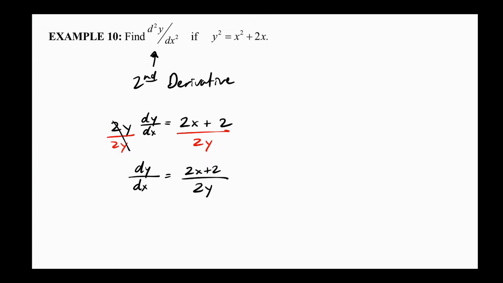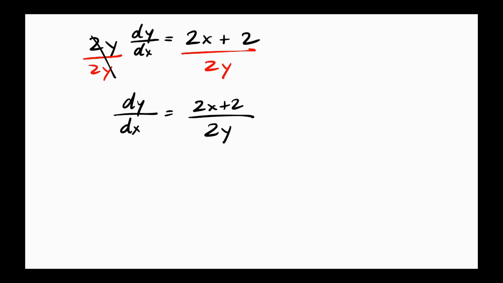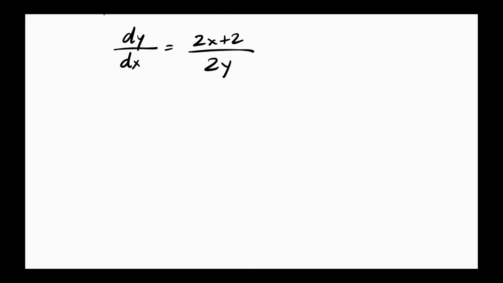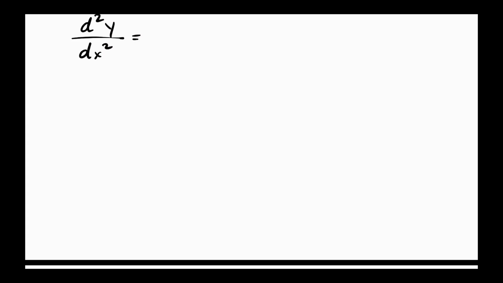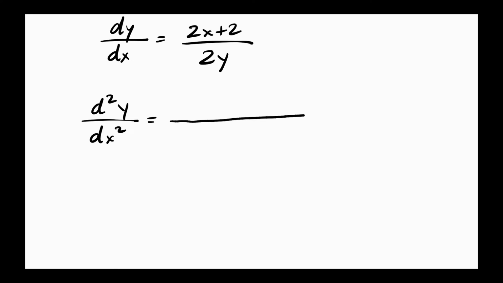Now the second derivative. So we're going to find the derivative of that guy. What am I going to use to find the derivative of this? Quotient rule. Yep, quotient rule. So the second derivative, d squared y over dx squared, that's the notation we use for the second derivative. So I'm going to use the quotient rule, so the bottom squared.